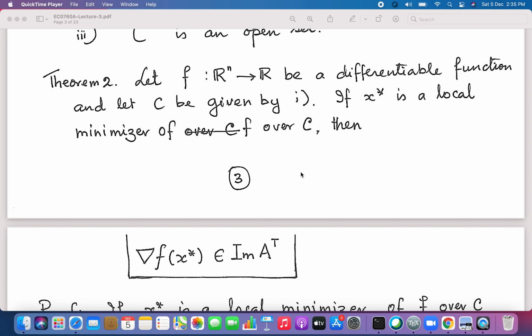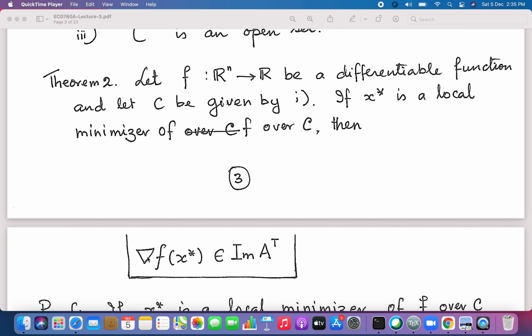So our theorem says that if f is a differentiable function and x star is a local minimizer of f over C, then the gradient of f at x star is an element of the image of A transpose. Now the story for the local maximizer would remain the same, because this is a subspace, so if you put a minus or take it away, it is the same.